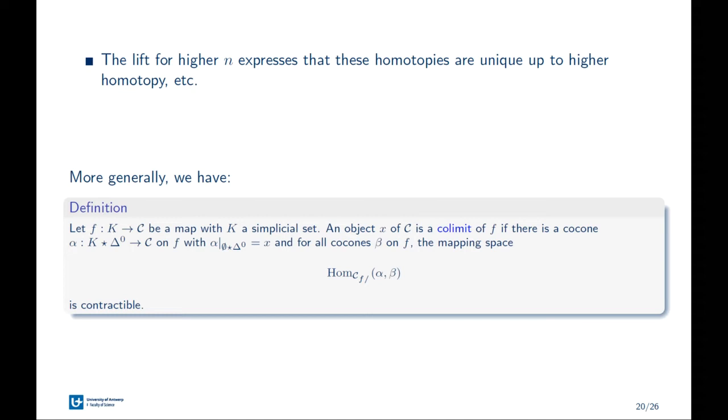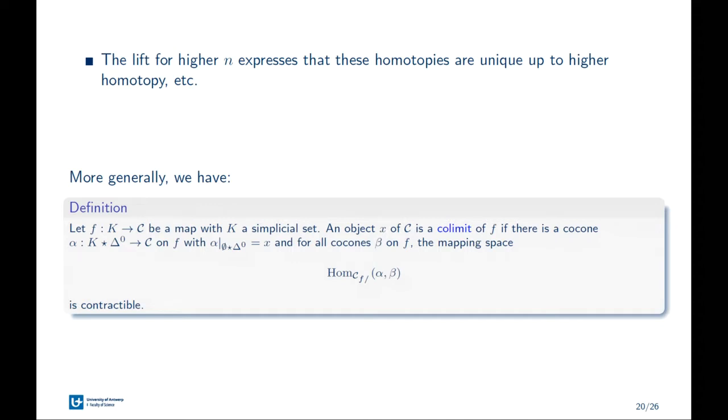Okay. Then a small word about general colimits. If you recall, a colimit is nothing more than an initial object in a category of cocones. In the quasi-categorical context, you can do a similar thing. You can also define a category of cocones.